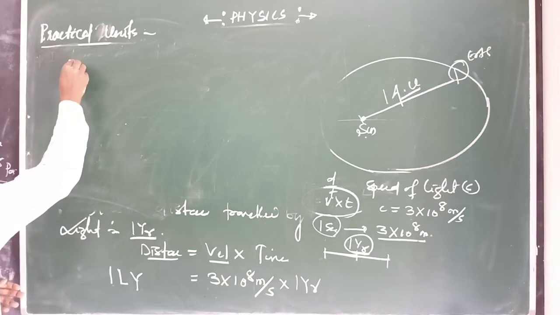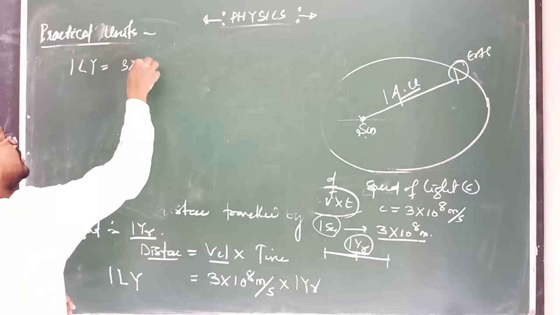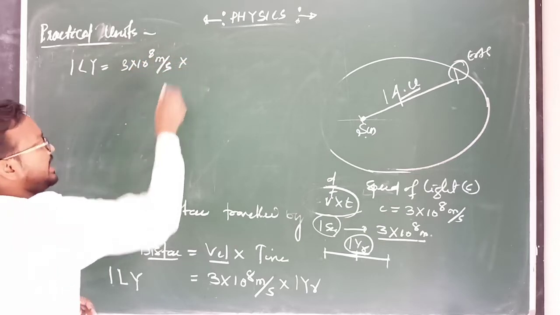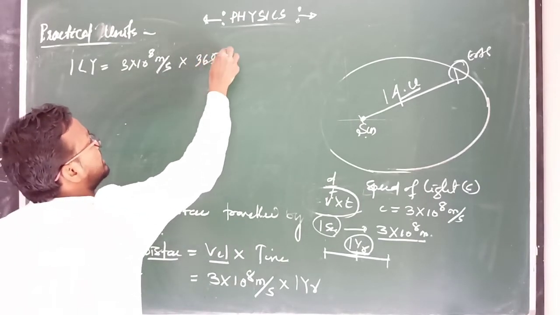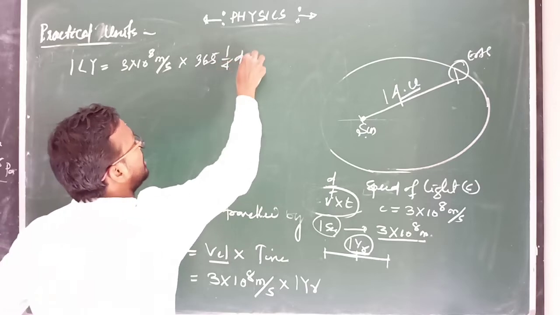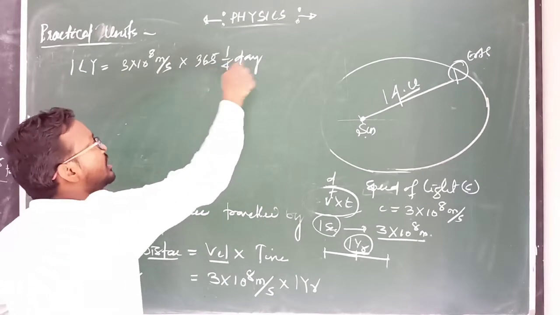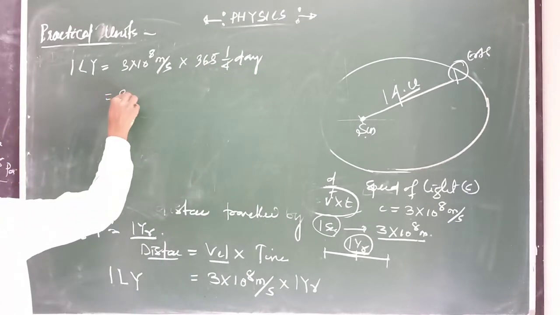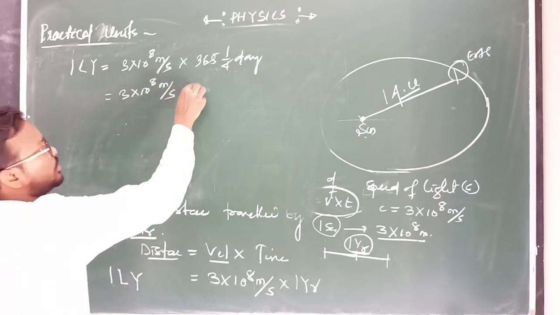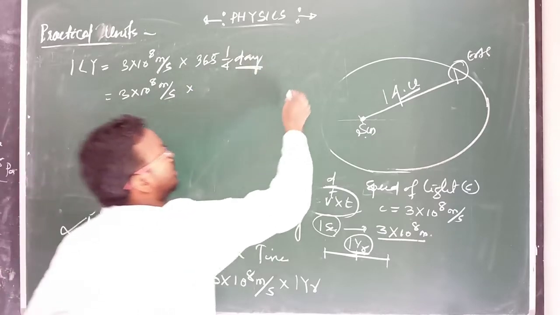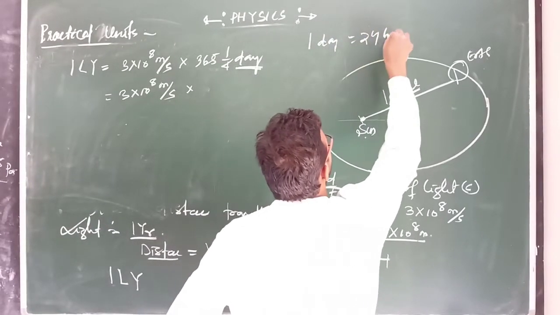Here we can write 1 year equal to 365 1 by 4 days, or simply 365 days, or 365.25 days. Because here we have second and meter, you have to convert day into second. We already know 1 day is 24 hour.